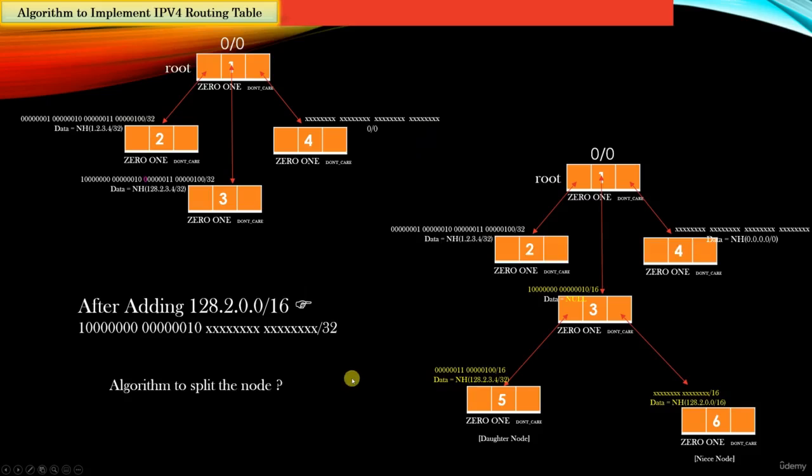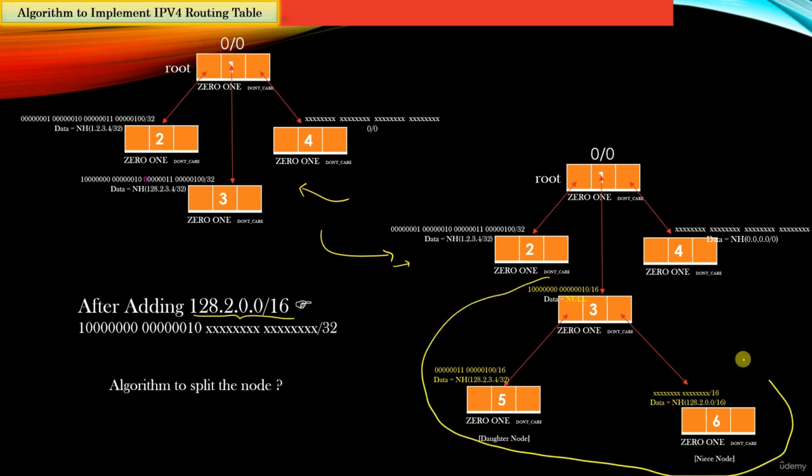The next slide shows how the M-trie data structure looks after the insertion of the route 128.200/16. This is the pictorial representation of the M-trie data structure before the insertion of the route, and this is the pictorial representation after the insertion of the route. And you can see all the changes have happened in node 3 and downwards.